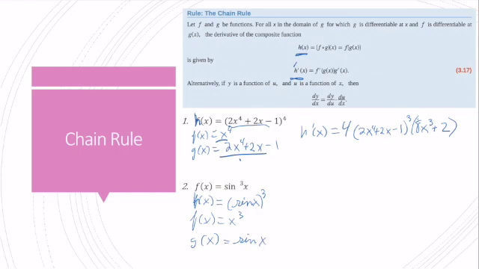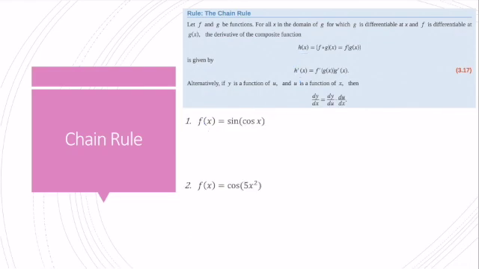Now we're using a trig function, and the derivative of sine is cosine. Wonderful. So the derivative of h of x equals 3 sine of x squared times cosine of x.